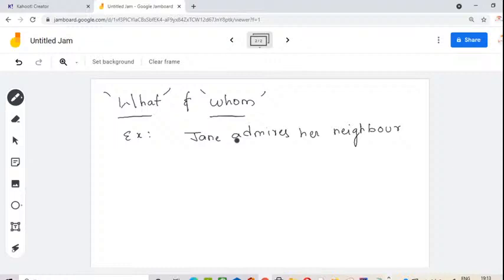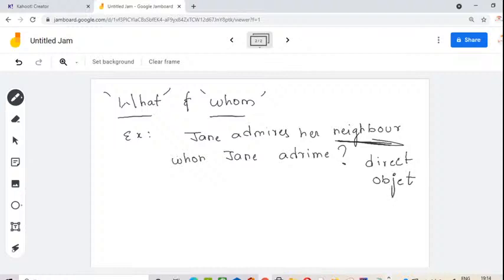Whom does Jane admire? The sentence itself tells us that Jane admires her neighbor. So neighbor is the direct object here. That's how you find the direct object.